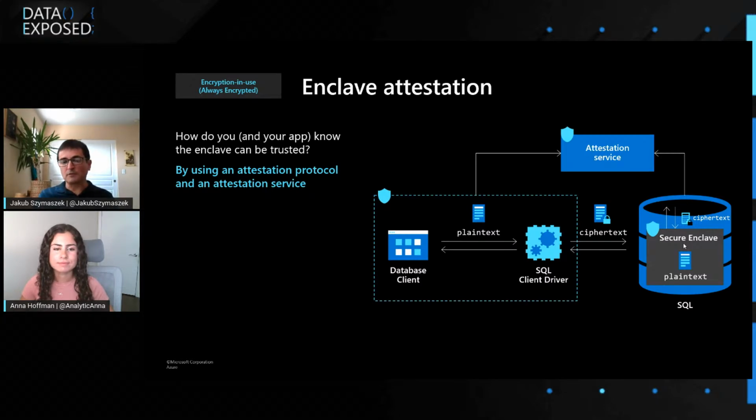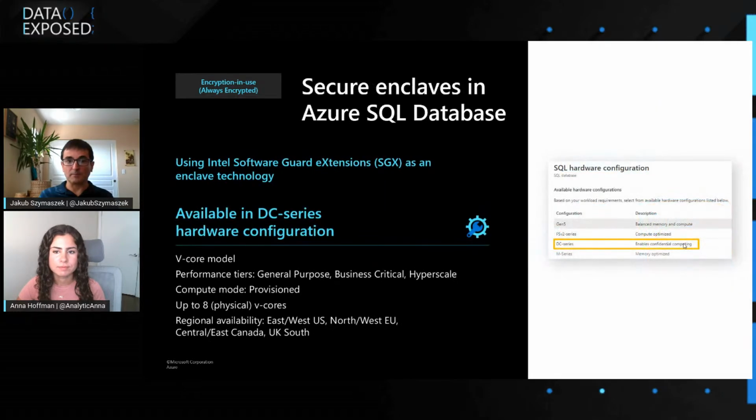So the attestation workflow verifies that the underlying enclave technology is one of these two, and that the code running inside the enclave is what's supposed to be running there, which is the library created by Microsoft for Always Encrypted, signed in a very specific way with a specific signing key, right? So that's what the attestation is about.